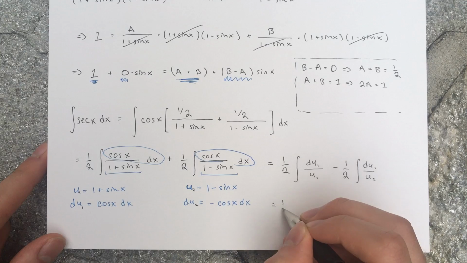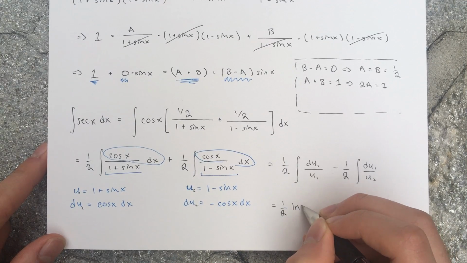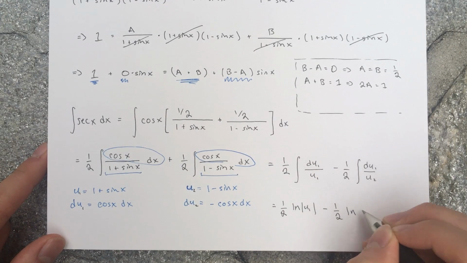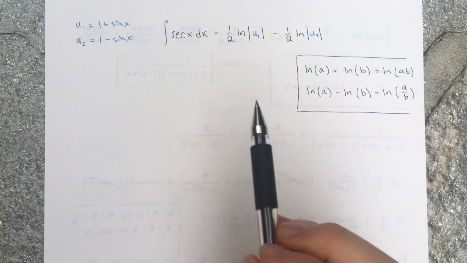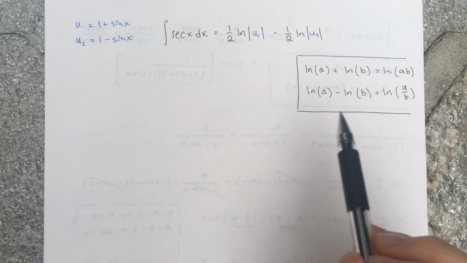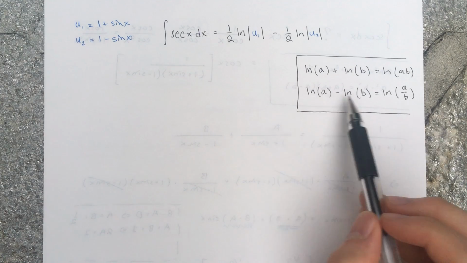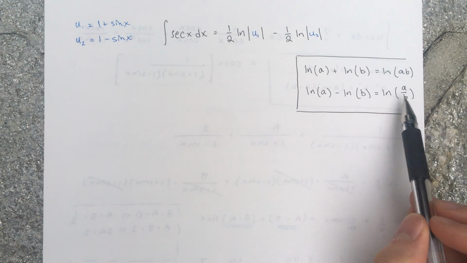We'll get 1/2 ln u1 minus 1/2 ln u2. Now, if we remember our natural log identities, we see that subtracting two natural logs just means they get divided inside one.